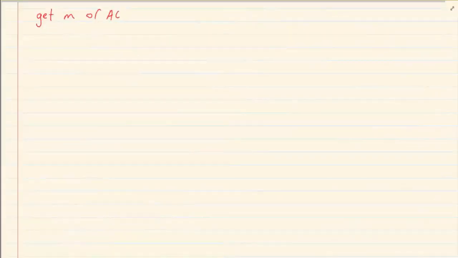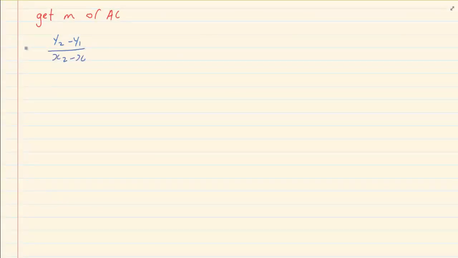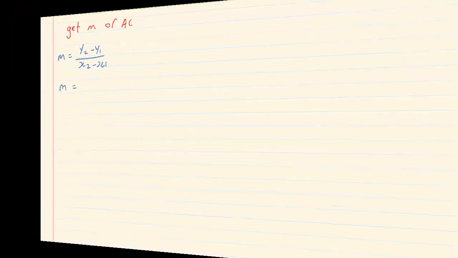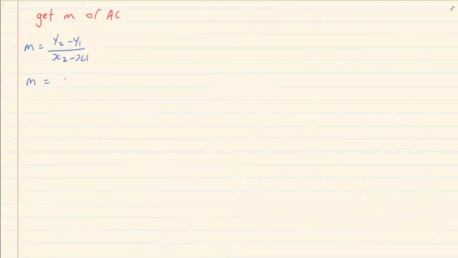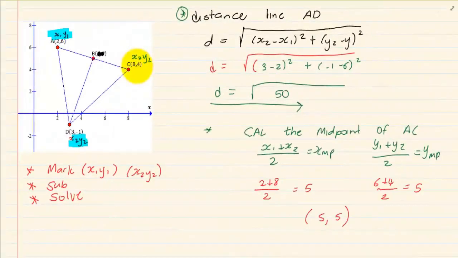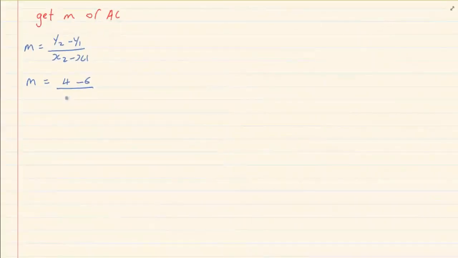Since we're working with gradient, we know it's going to be y2 minus y1 over x2 minus x1, which will give us 4 minus 6 over 8 minus 2. So our gradient is equal to minus 2 over 6, which is equal to minus 1 over 3.